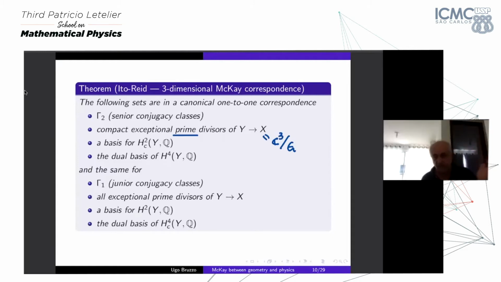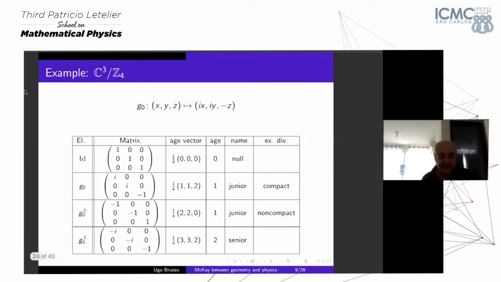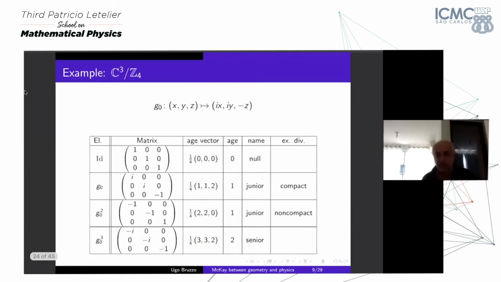But if Y is a resolution of singularities, you have this situation. In the case of the guiding example, there's the resolution of singularities, which, as I was mentioning, in 3 dimensions always exists. The crepant resolution of singularities, which always exists, is unique.